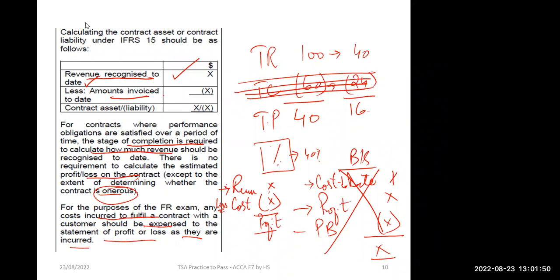So if it was a loss-making contract, then you need to book the full amount of the loss in the first year.